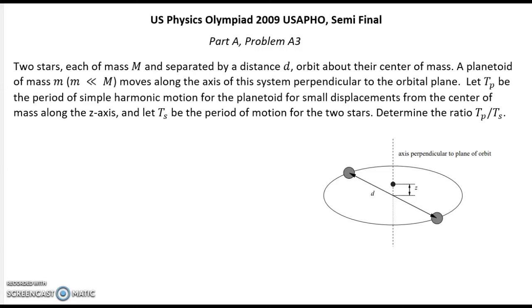Let Tp be the period of simple harmonic motion for the planetoid for small displacements from the center of mass along the z-axis, and let Ts be the period of motion for the two stars. Determine the ratio Tp over Ts. Solution.